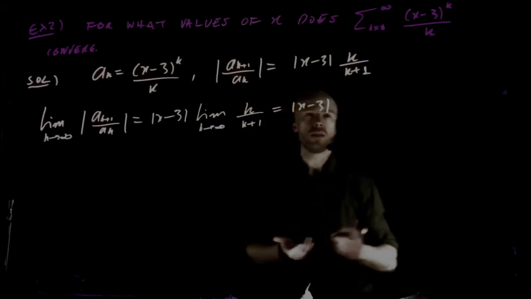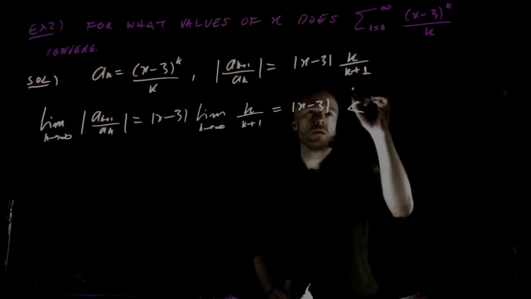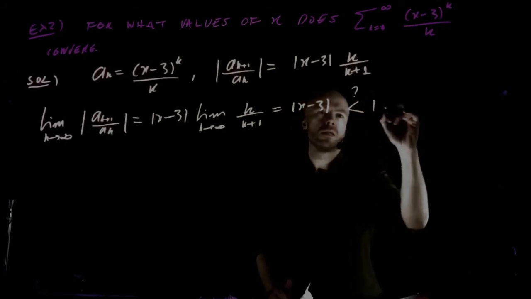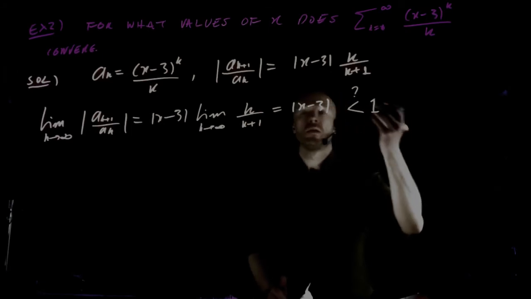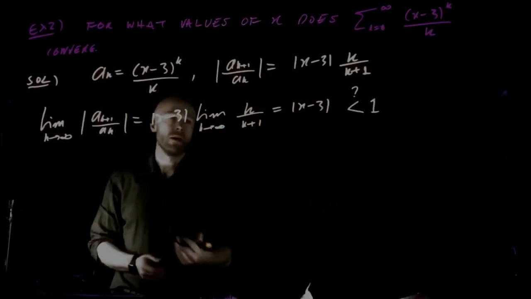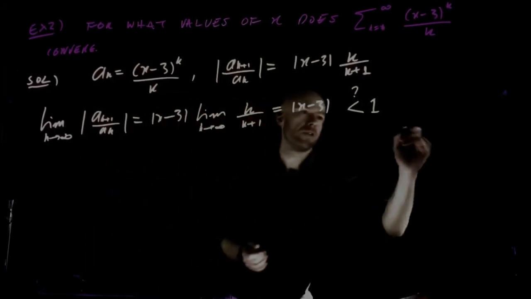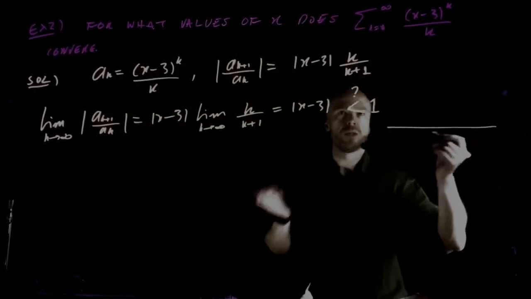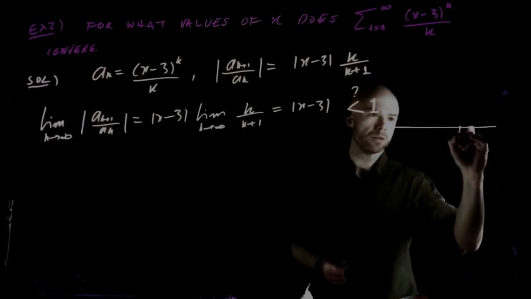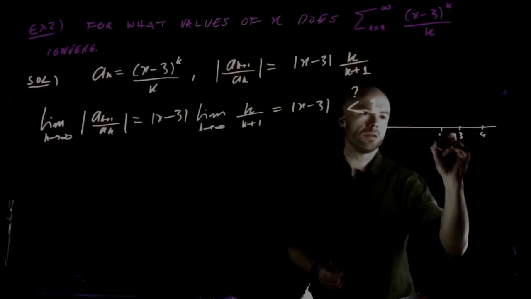So we need this to be less than 1. So let me just write it like this. This is less than 1. Well, when is that the case? Well, it's the case when x, let's draw the picture, x is something between 2 and 4, right? So here is 3, here is 4, and here is 2.